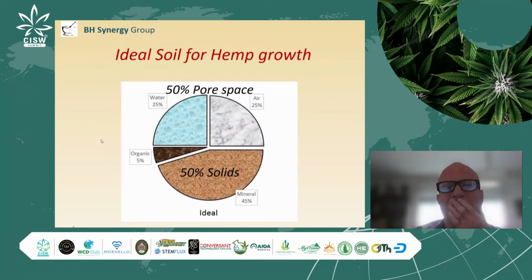This gives us the best solution so that the roots can breathe and can take water from the soil and can take its nutrient requirements.